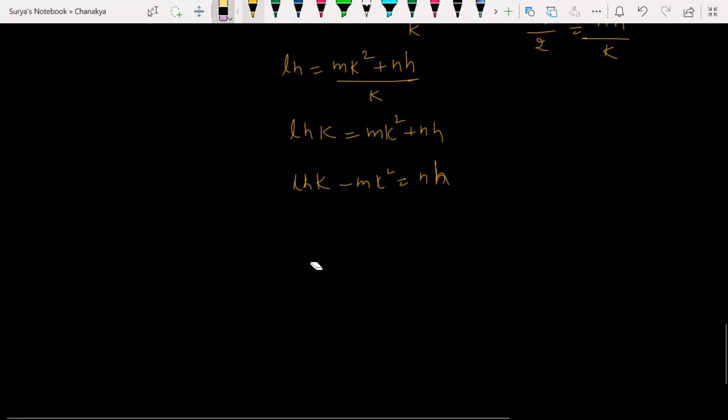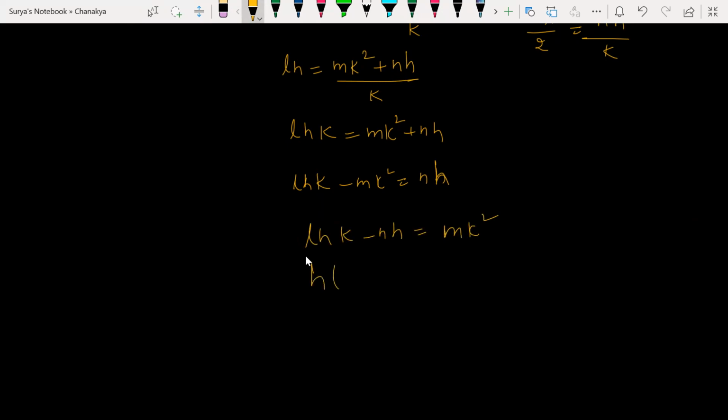Now if I simplify this, what should I get? Simply, if I write in terms of X comma Y into MY minus N is equal to... transferring this here, LHK minus NH is equal to MK square. Okay, if I take H common here, LK minus N is equal to MK square.